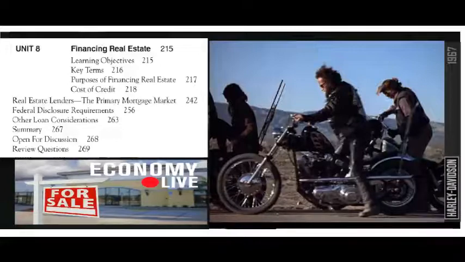Other loan considerations. Loan assumptions and subject to: when property is sold or transferred, the existing loan may be paid off by the seller or assumed by the new owner, if the loan agreement allows. Another possibility is for the property to be taken subject to the loan, if the loan agreement allows. In a loan assumption, the new borrower is substituted for the old borrower, the seller, releasing the seller from further obligation under the note.